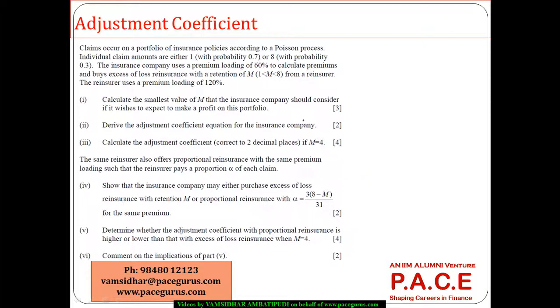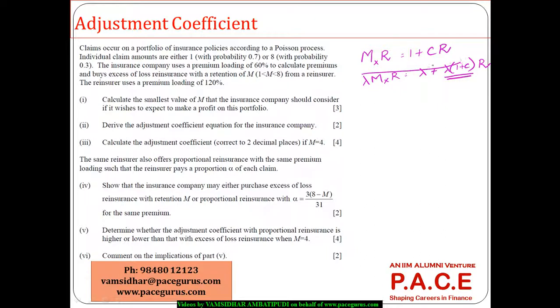Then derive the adjustment coefficient equation for the insurance company. Now we know there are two equations. I can use M_X(r) equal to 1 plus cr, or probably I can use lambda M_X(r) equal to lambda plus the total premium times r. Any one of them I can very well use, right?